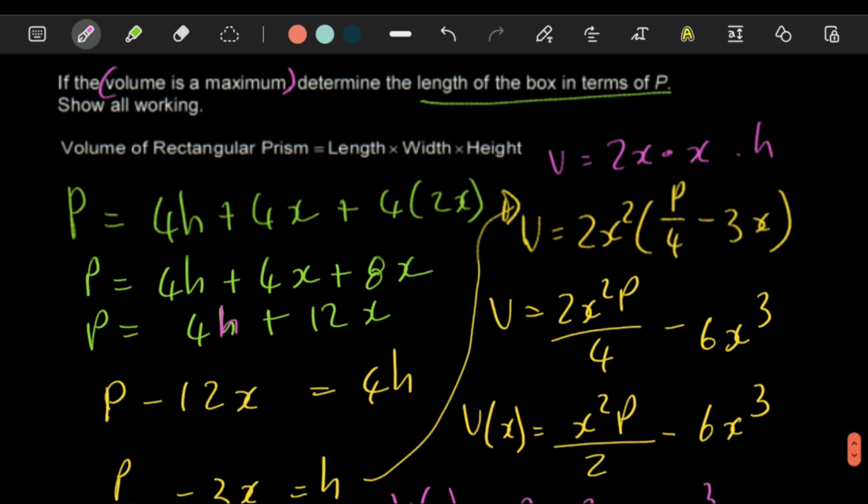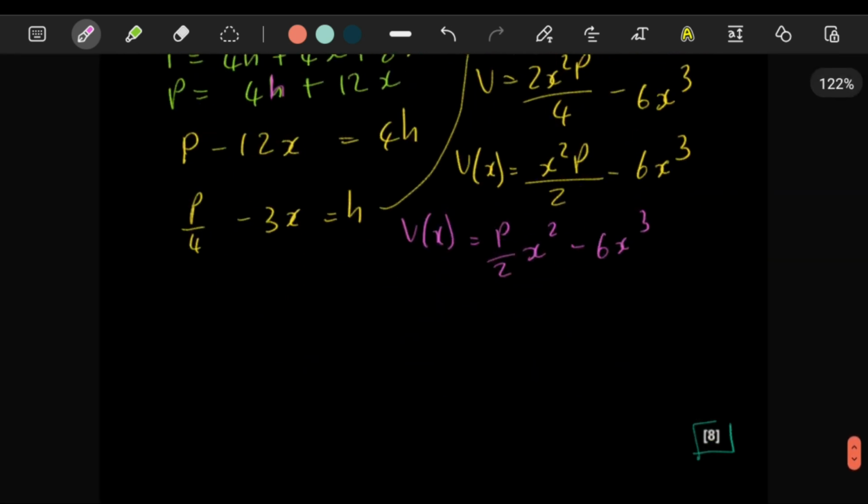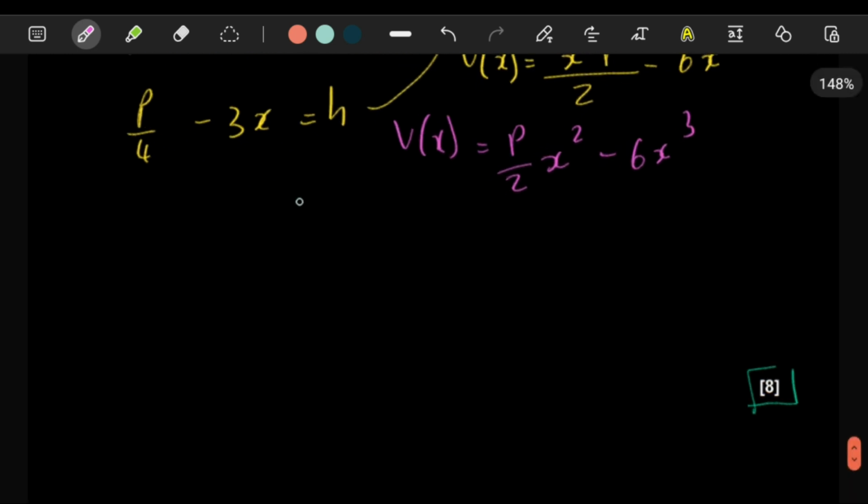Because they said the volume is a maximum, let's get a value of x that results in the volume being a maximum. To get that, you need to differentiate your expression and then make it equal to 0. So this is 2 times this value, which is just going to give you a p.